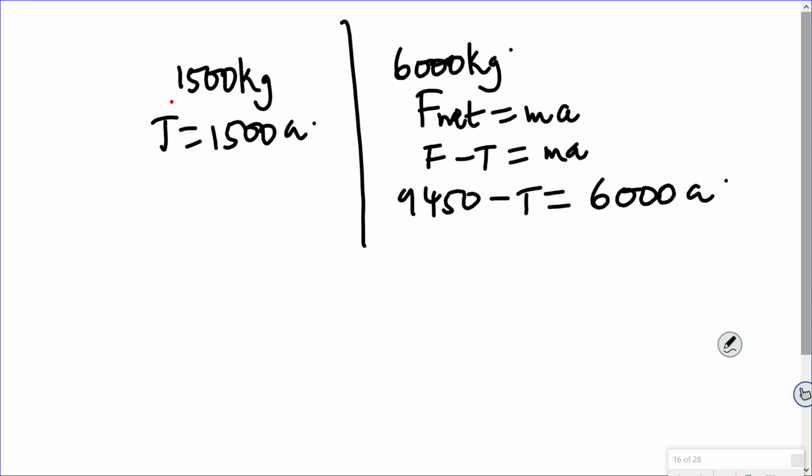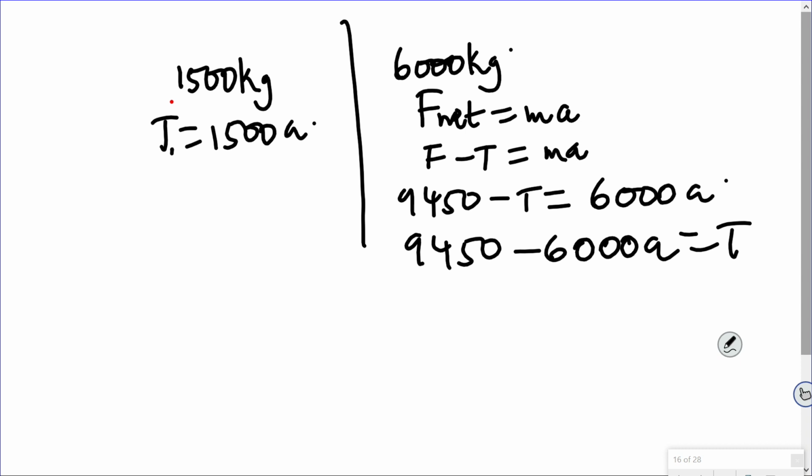Because I want to find the magnitude of A, I need to eliminate T, right? So how am I going to eliminate T? On this side I have T equals 1,500 A. Let me make T the subject of the formula here: 9,450 minus 6,000 A equals T. I can say this is T1 and this is T2, so I can equate the two equations.